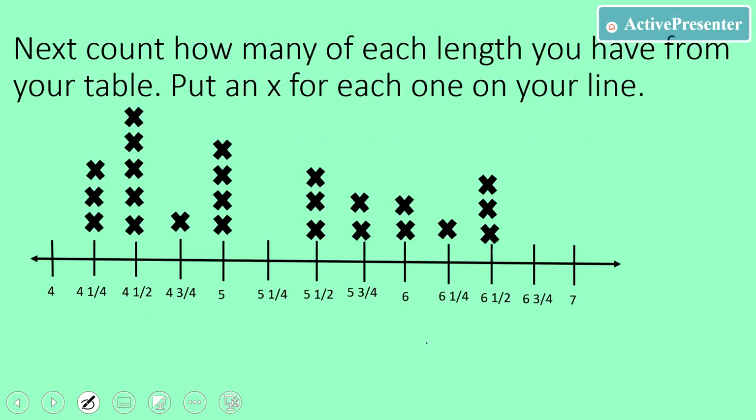So I know that I need 1, 2, 3 X's. And that shows me that I had 3 leaves that were 4 1/4 inches. And I keep doing that for all of my lengths.